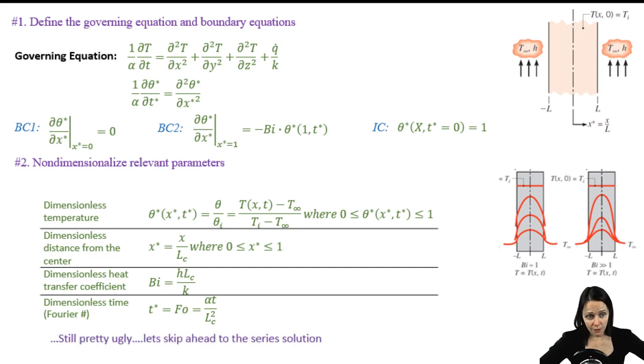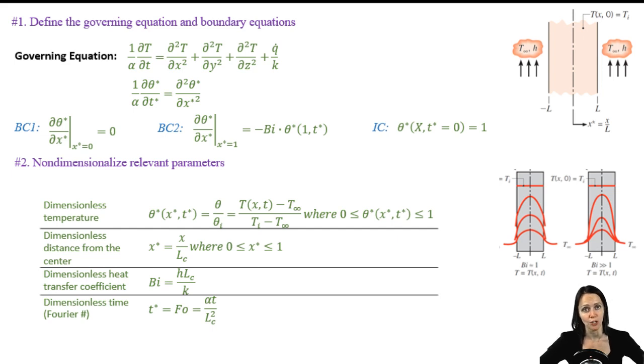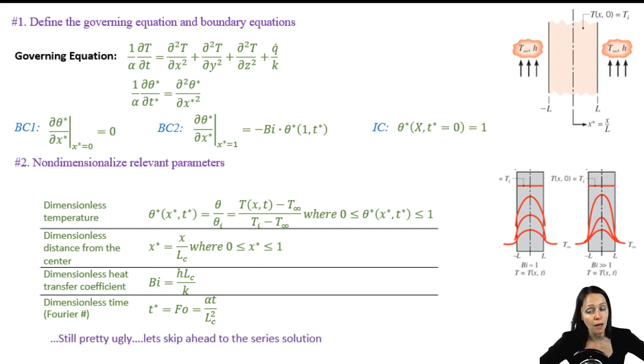So in order to solve this, we need to define the solution of this differential equation as a product of two functions. One has to be a function of time and the other has to be a function of position. If we perform our separation of variables, what we ultimately end up with is a series solution.